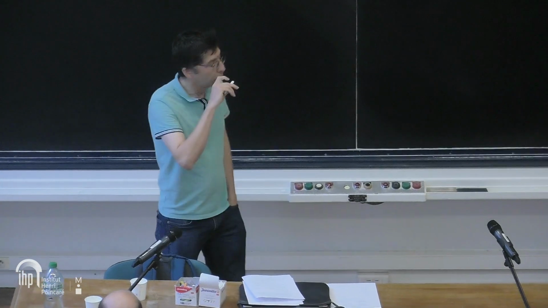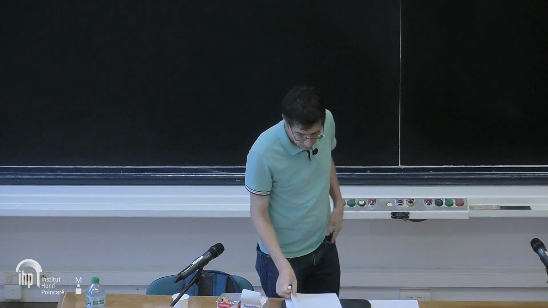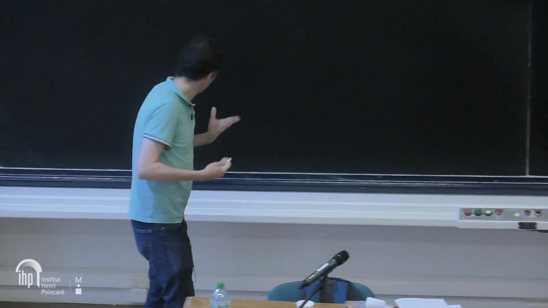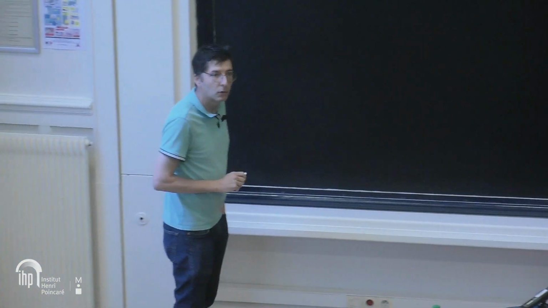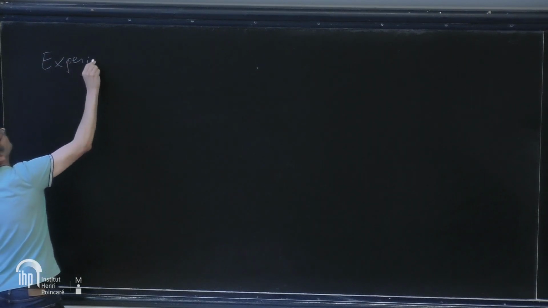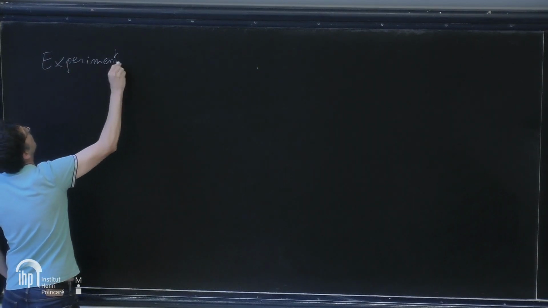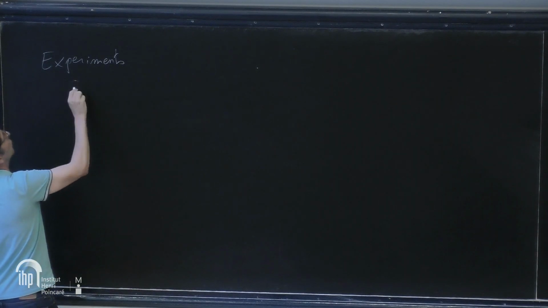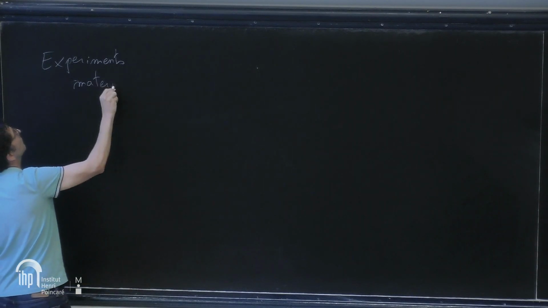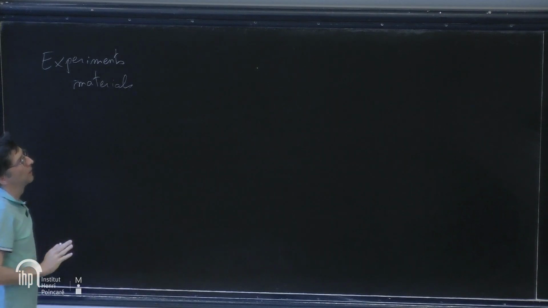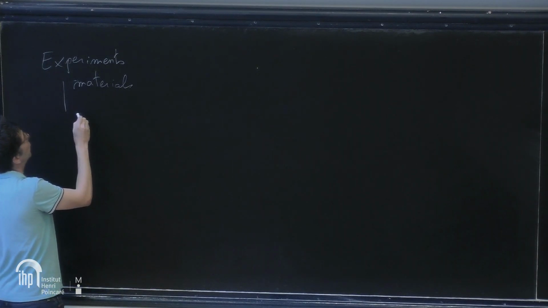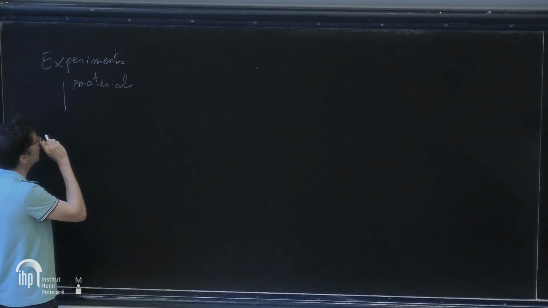Okay, so maybe to finish this introduction, I won't discuss any experiments for lack of time, and I want to focus on the theory side. But let me just say that experimentally, we have quantum materials, lots of materials, and we have also these cold atom, ultracold platforms or Rydberg arrays that we'll hear about maybe later today.